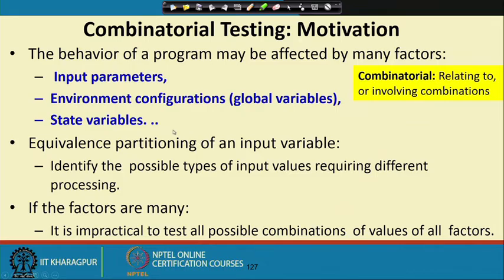There may be many parameters, environmental variables, state variables and so on, and the number of test cases required for all possible combinations may become trillions, and the test suite becomes extremely large. We will see how to address this problem and reduce the number of test cases. But first, let us see the basic idea behind combinatorial generation of test cases, and then we will see how to reduce the number of tests.